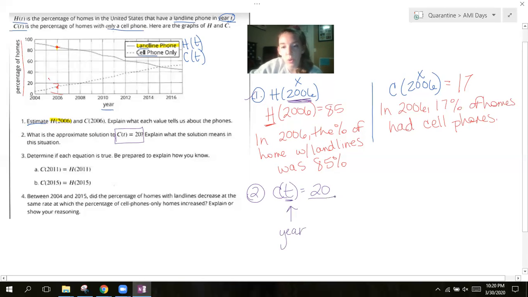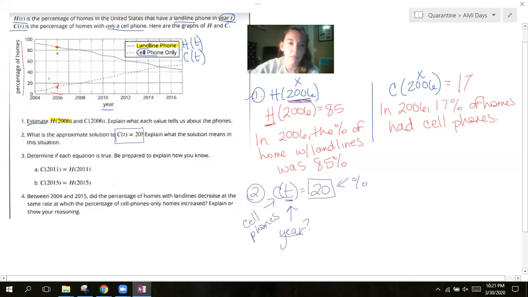They gave us 20, the percentage. So we want to know what the year was when the percentage was 20, specifically for C, which is cell phones. We have the name, so we know we're going to be looking at the dotted line. We don't know the year, but we know it's going to be when it's 20%.